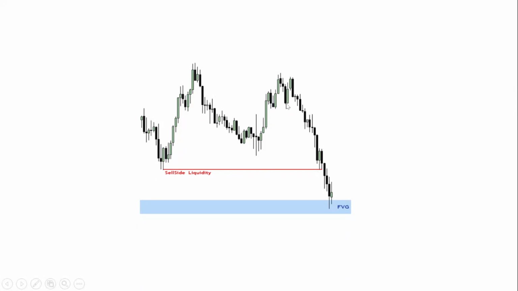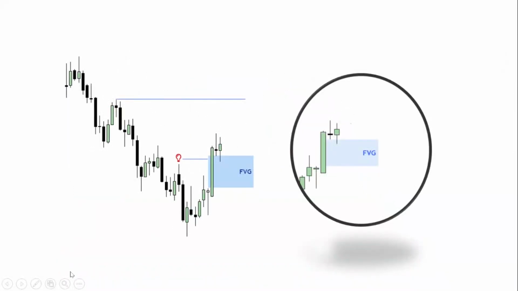You look to see price sweep a short-term low, like this, and then it draws back above to this breaker and this fair value gap, dropping lower to sweep sell side, same as here. Then now we have a fair value gap. It's not an order block like this, it's a fair value gap. That makes sense.